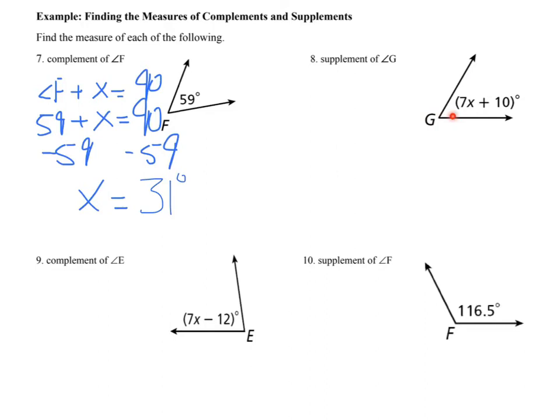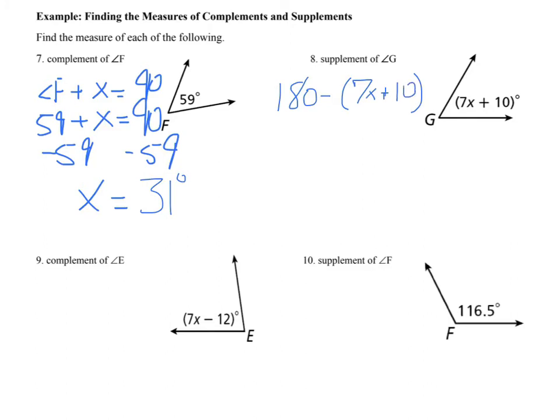So for this one, instead of setting up an algebraic formula, because I'm not going to get an actual numerical answer here, I am just going to say, well, I know the supplement of any angle is 180 minus that angle. So the supplement here should be 180 minus the expression that represents that angle, which is 7x plus 10.